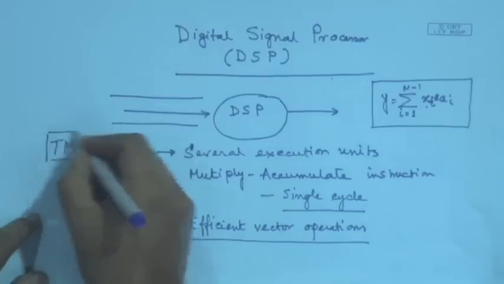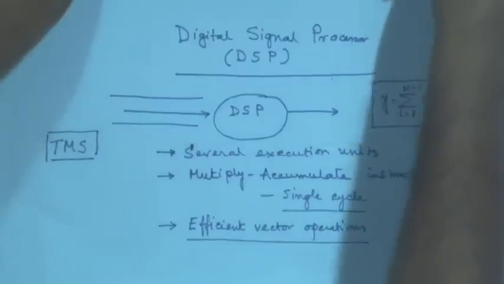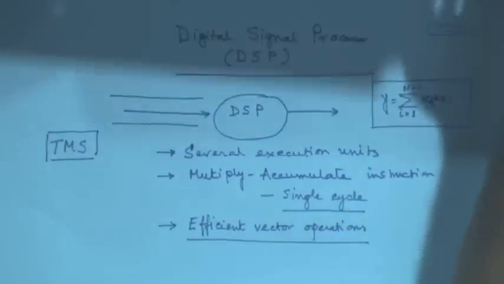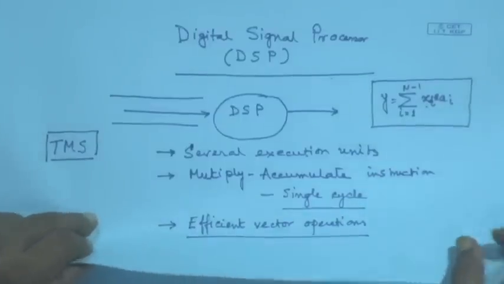So, study these, and also for DSP you study some microprocessors of Texas Instruments, and you will see how the instruction sets vary. Okay. So, that is an example of an ASIP.